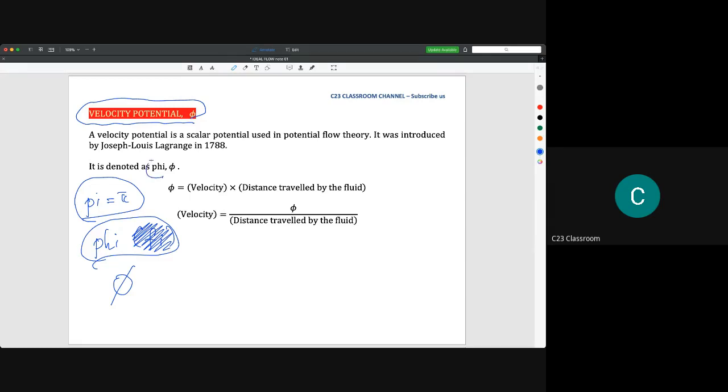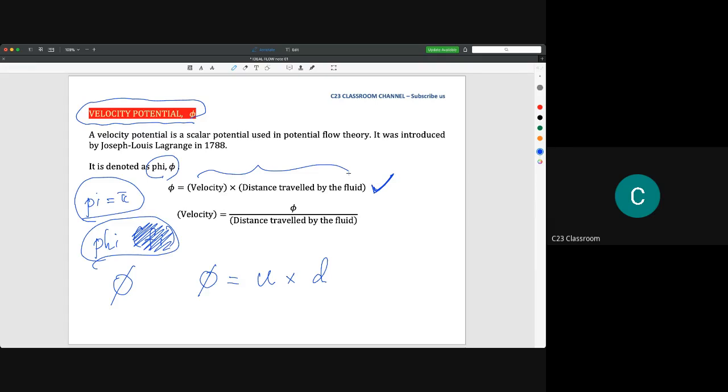So phi here is actually the velocity, U, times the distance traveled by the fluid. The definition of this one is similar to the circulation.